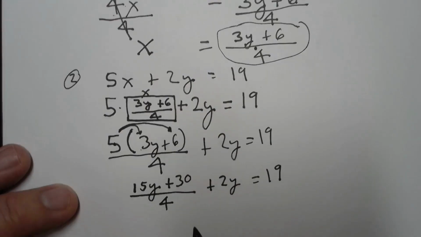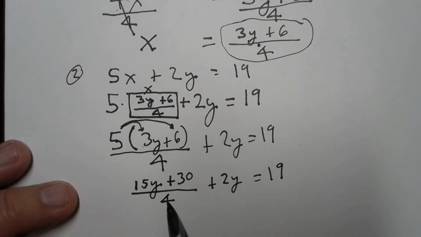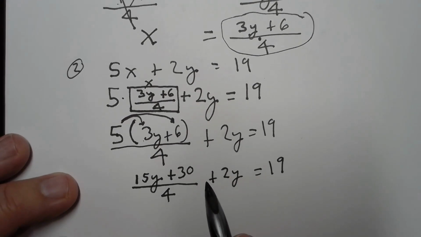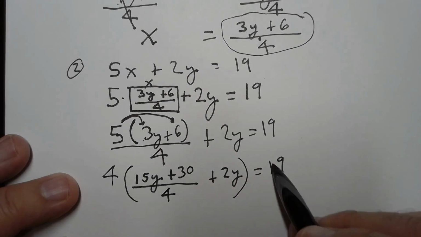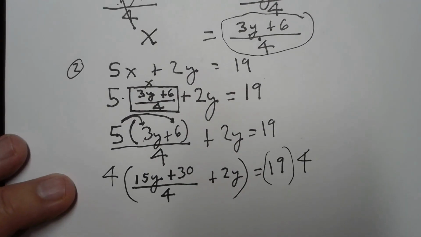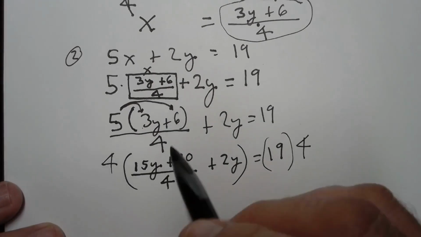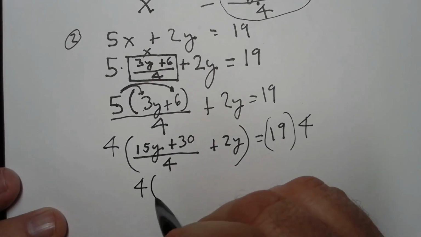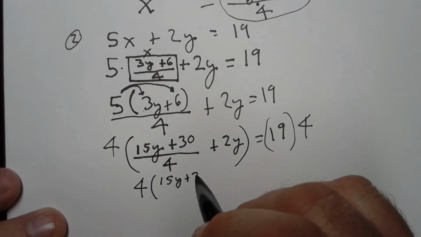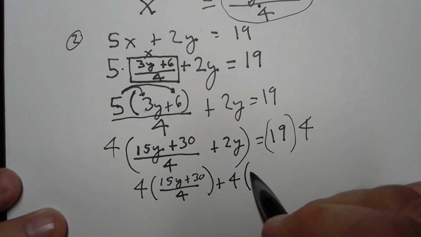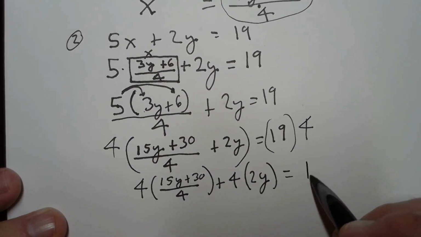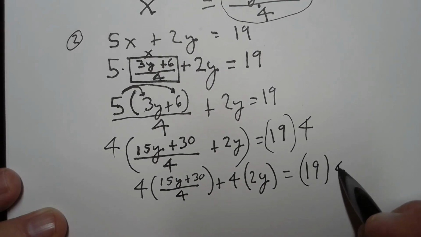So far, so good. Next, I would like to get rid of this 4 down here. I could find a common denominator, but let's just get rid of the 4. It's in the denominator, and we do that by multiplying both sides by 4. So I'm going to multiply both sides by 4. I can rewrite this as 4 times 15y plus 30 all over 4, plus 4 times 2y is equal to 19 times 4.